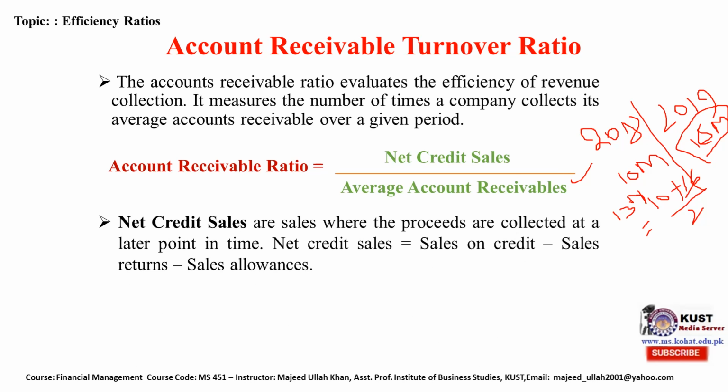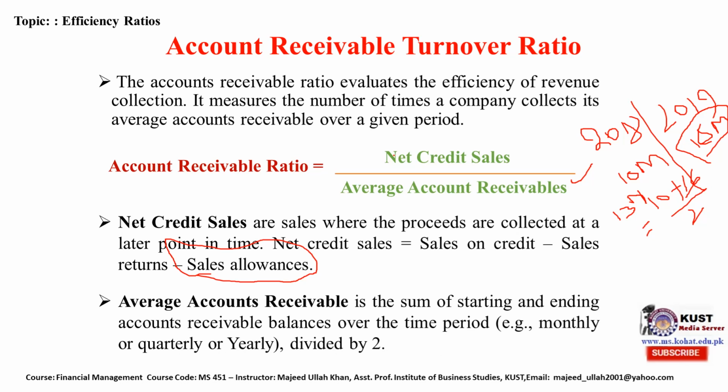Net credit sales are sales where the proceeds are collected at a later point in time. We will exclude all cash sales. So net credit sales are sales on credit minus sales returns minus sales allowances. Sales allowances means discounts allowed to the customer. So cash sales will not be included in our numerator.